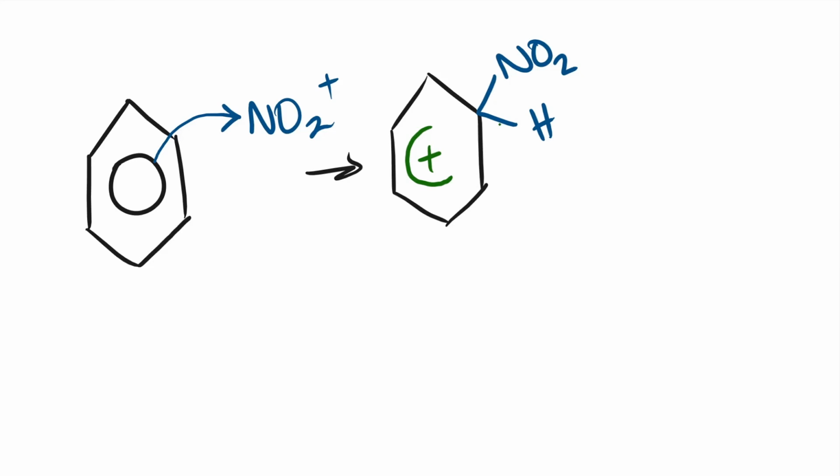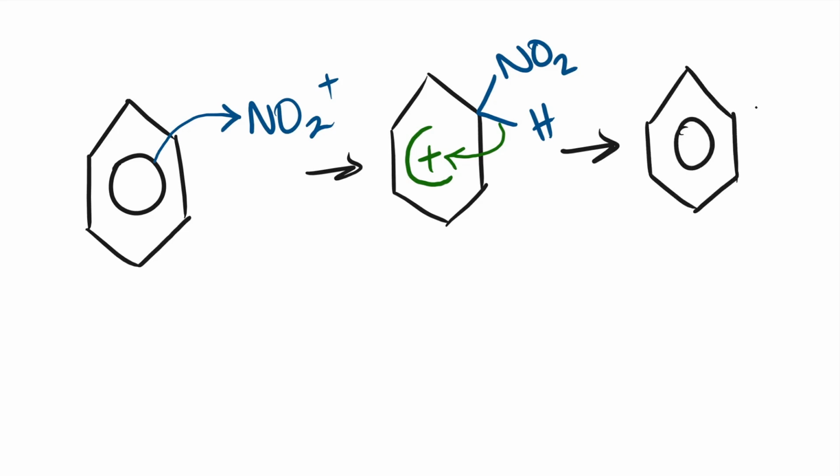You can fulfill your neutrality again, gain an electron from this covalent bond onto yourself, and I'll just get the hell out of here. Okay, so that's exactly what happens, and we're going to have our nitrated benzene as our product. And then the H plus ion is going to come off.